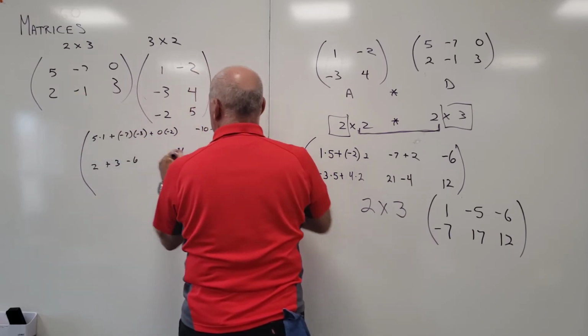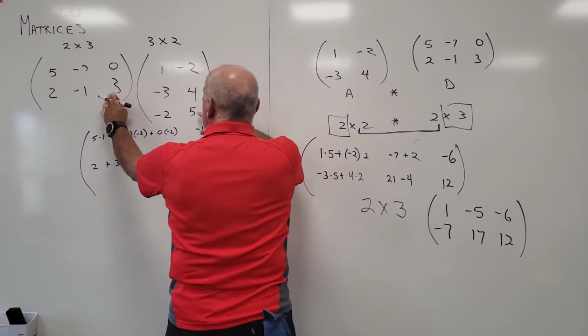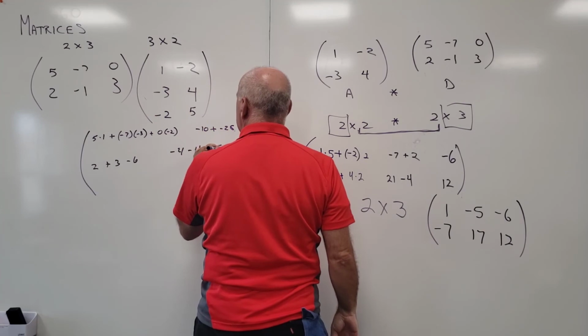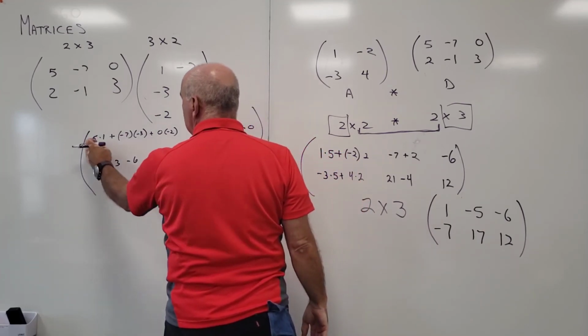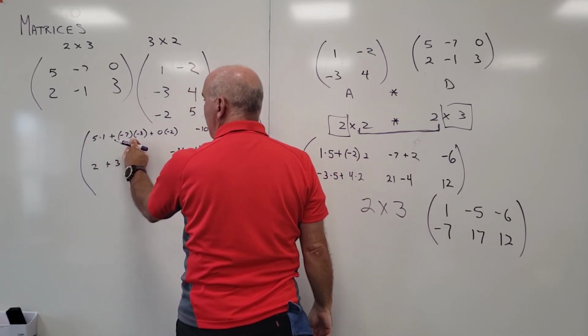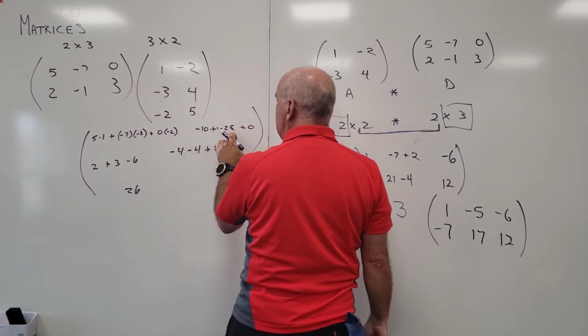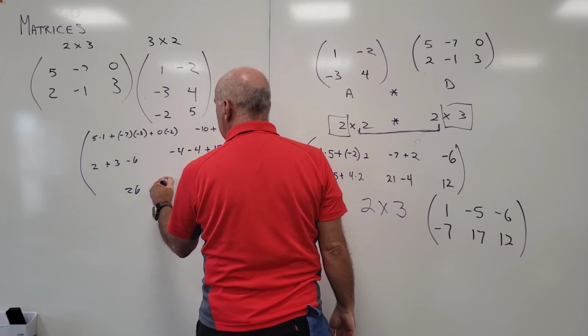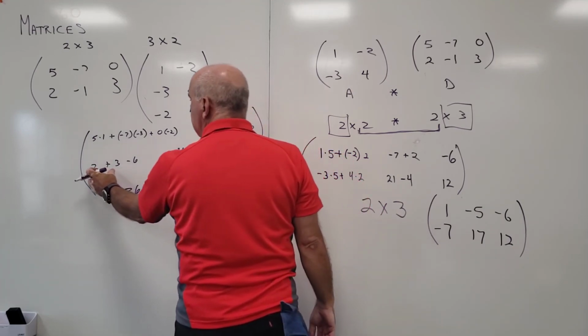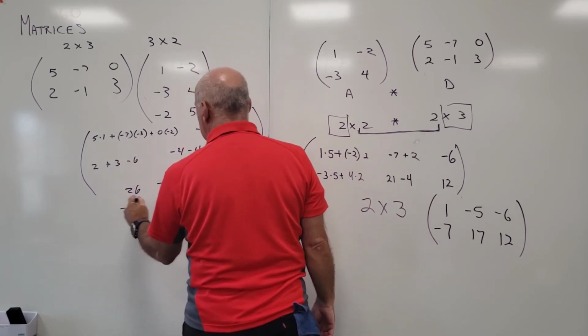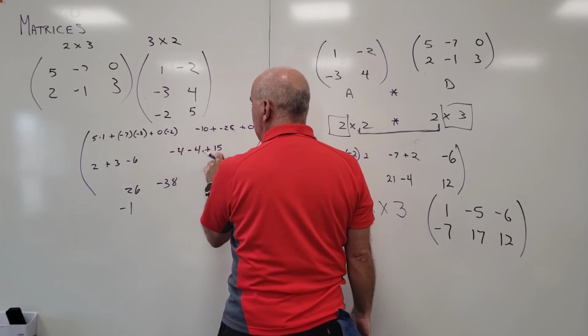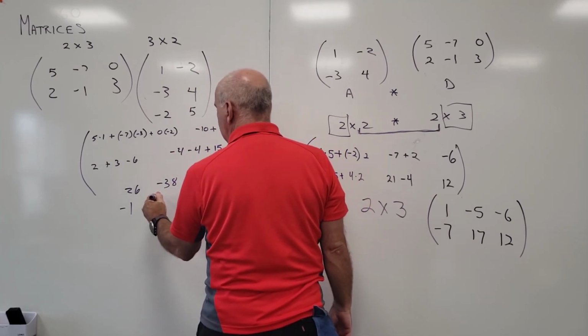Negative 1 times 4 is minus 4. And 3 times 5 is 15. And so my final one will be 5 plus 21, so that's 26. Negative 10, negative 28 is negative 38, plus 0. And then 5 minus 6 is negative 1. And negative 8 plus 15 is 7.